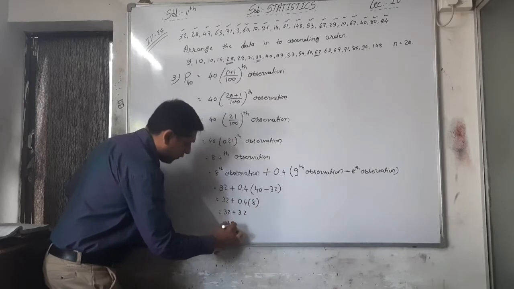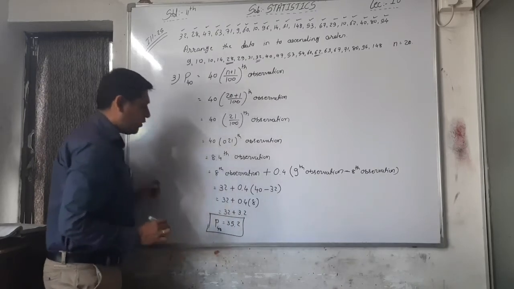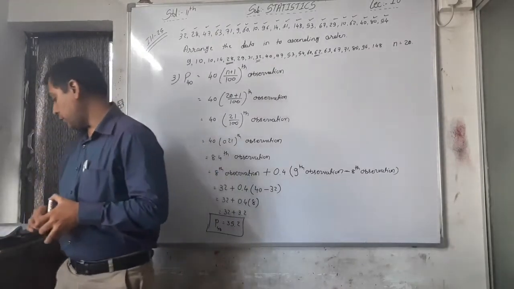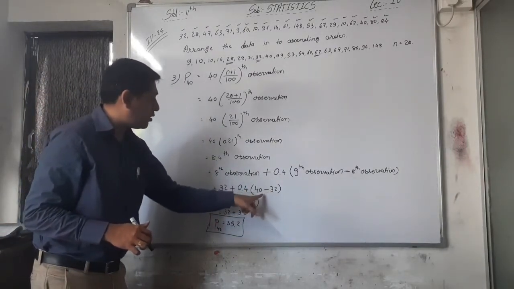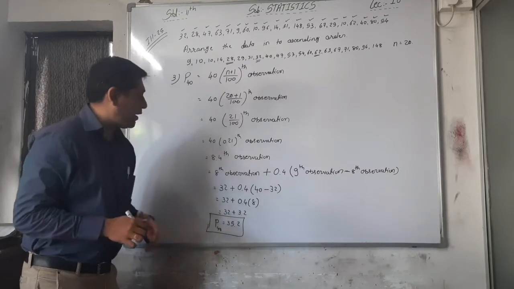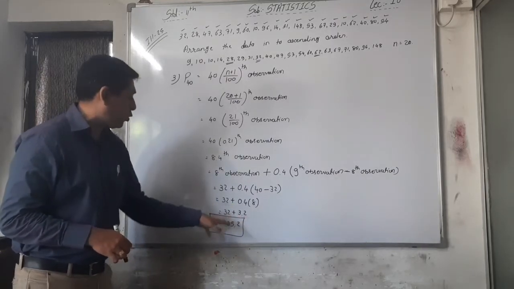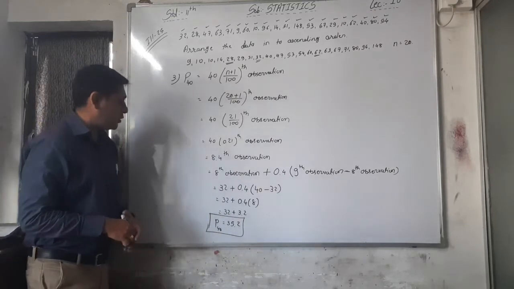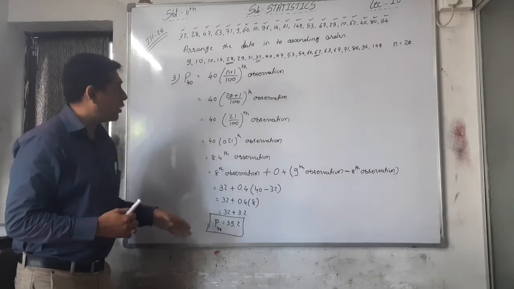That is 35.2. Your P40 is 35.2 runs. Okay, so here the difference 40 minus 32 is 8. So here 8 into 0.4, that is 3.2, and the total is 32 plus 3.2, that is 35.2 runs.